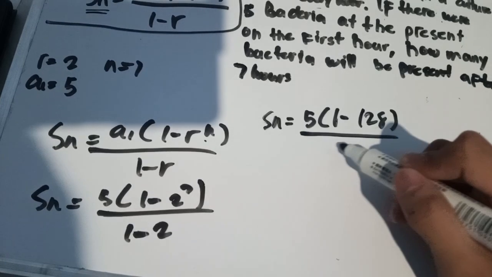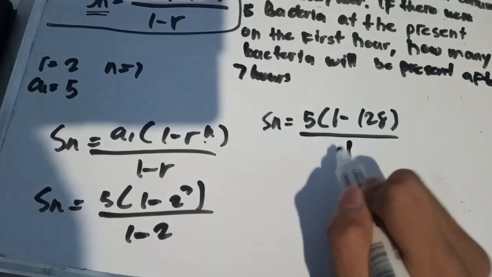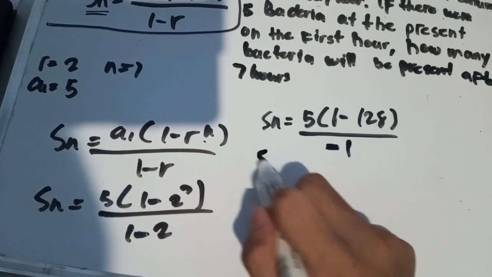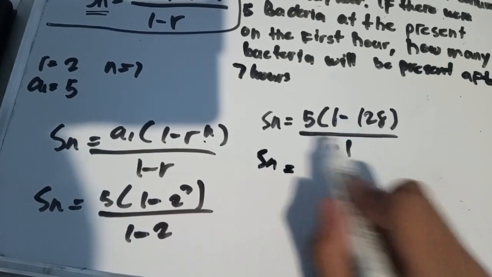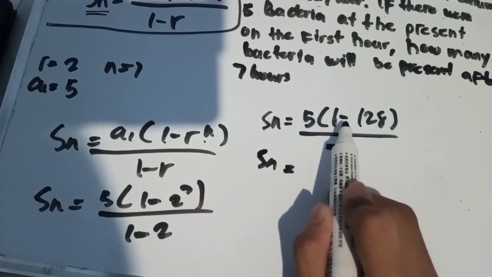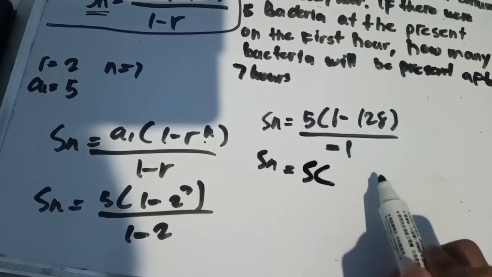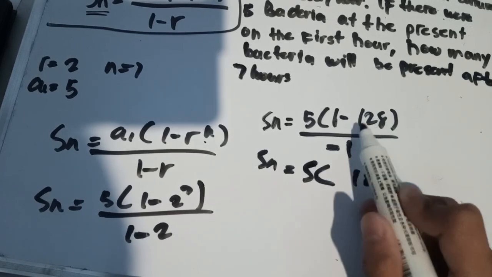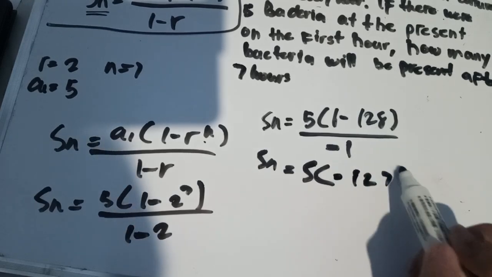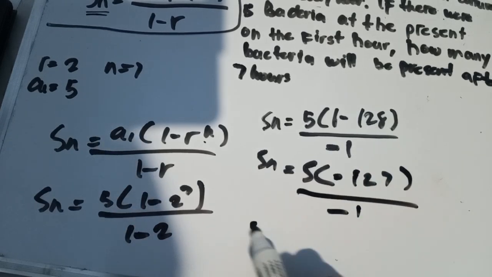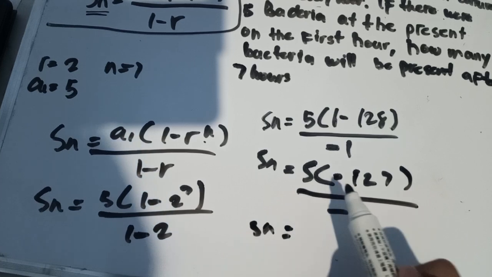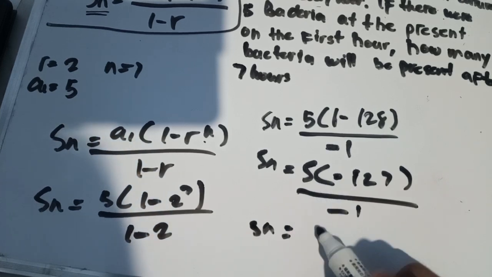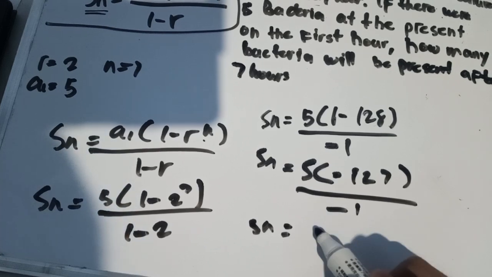So Sn is equal to 5 times 1 minus 128. This is 127, but 128 is bigger, so negative 127 over negative 1. So 5 times negative 127 is negative 635 over negative 1.